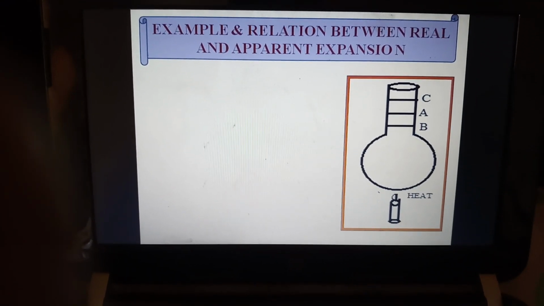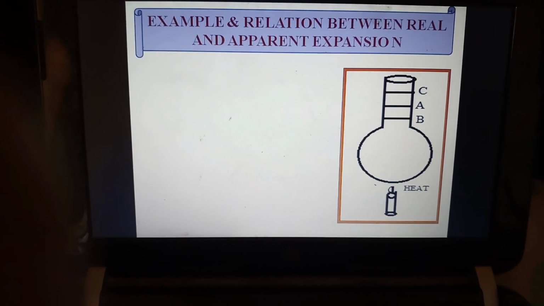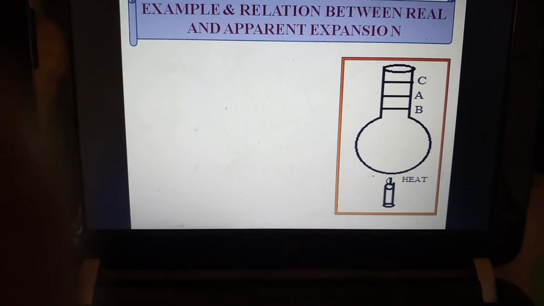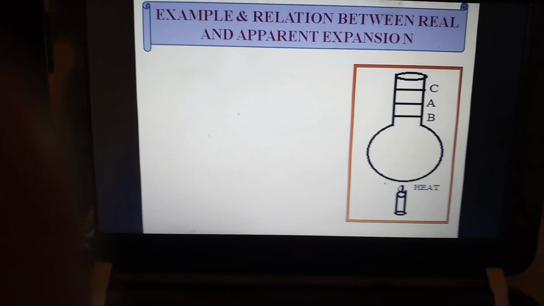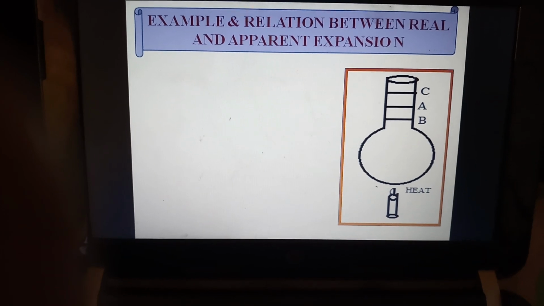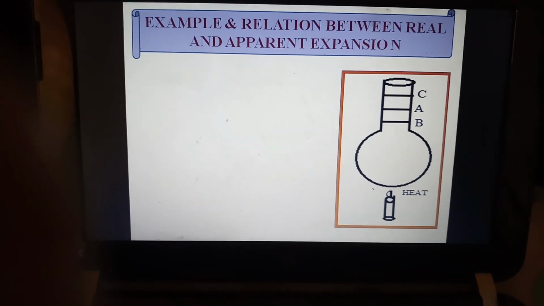You are watching a figure here. If we apply heat to the liquid-containing bulb, then first the container will be heated and expand.